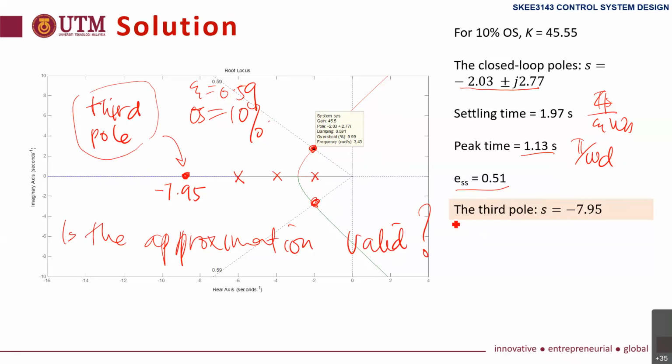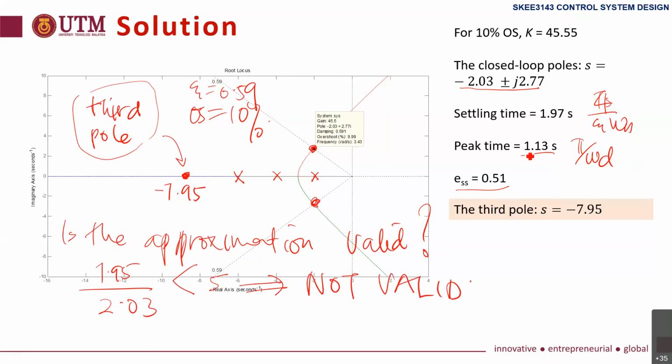No. We need to get the distance. 7.95 divided by 2.03 is surely less than 5. Therefore, not valid.